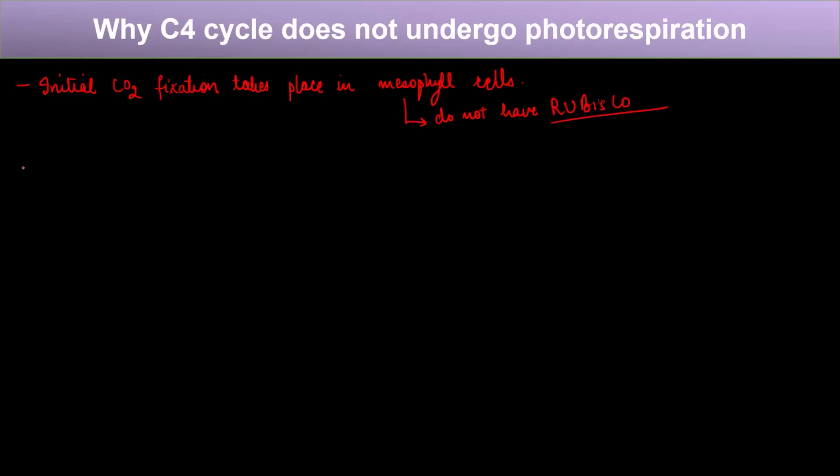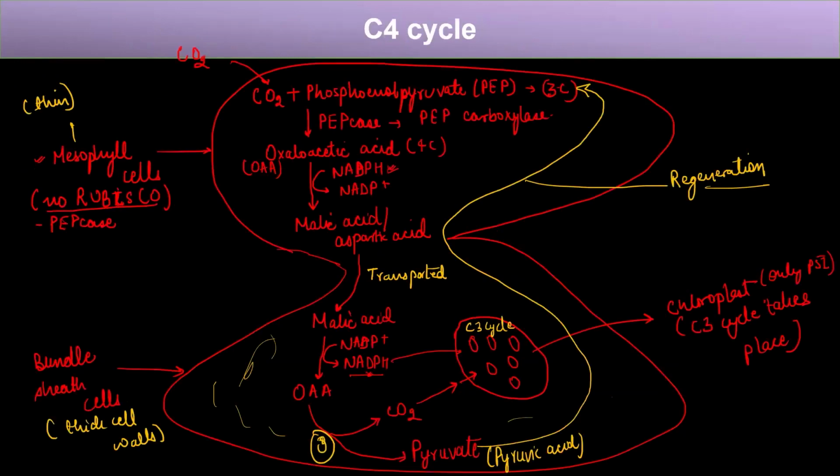Now, the second thing is, what happens in the case of the carbon dioxide that is taken up by the mesophyll cells? By undergoing several transformations, it finally reaches the bundle sheath cells. And we know that in bundle sheath cells, the chloroplast consists of Rubisco.